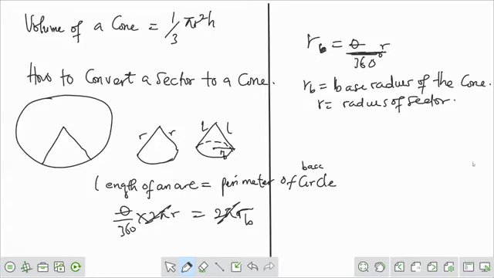So if they ask you a calculation to find the base radius of a cone, that's how to find it. And if they give you the base radius of a cone and ask you to find the radius of the sector, just make r the subject of the formula, and they will give you the angle of the circle. That's just it.